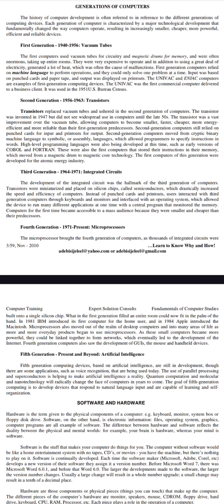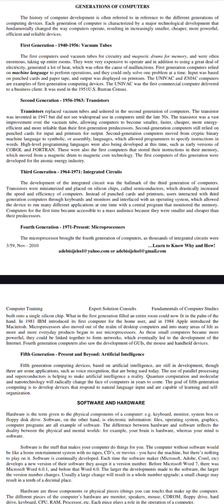High level programming languages were also being developed at this time, such as early versions of COBOL and Fortran.